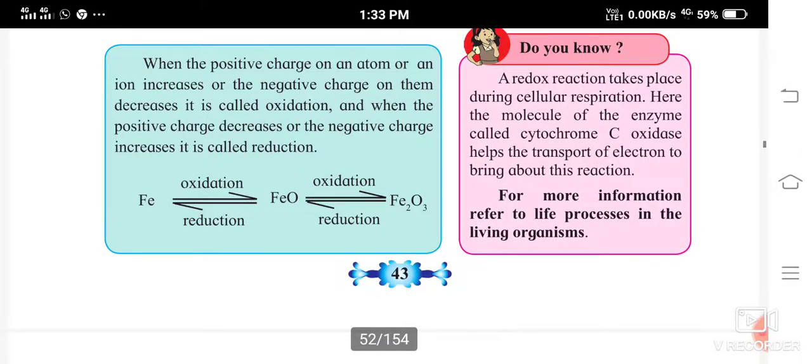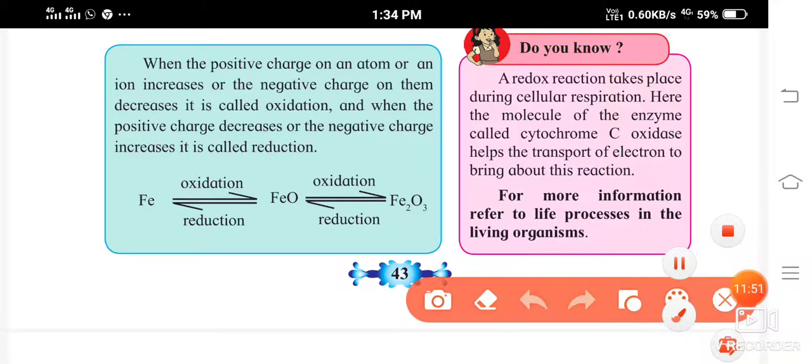Now do you know a redox reaction takes place during cellular respiration also. Here the molecule of the enzyme called cytochrome C oxidase helps the transport of electrons to bring about this reaction. So this redox reaction is taking place in our cellular respiration also. That is why we say a redox reaction is taking place in this case.